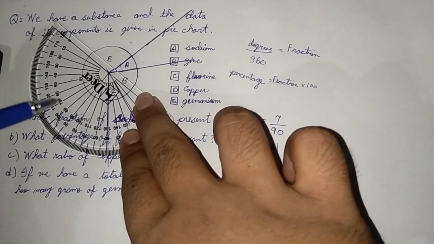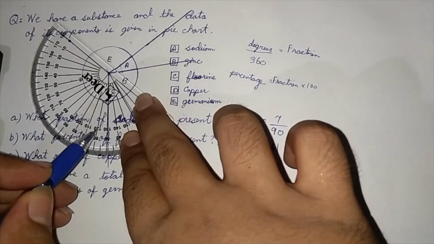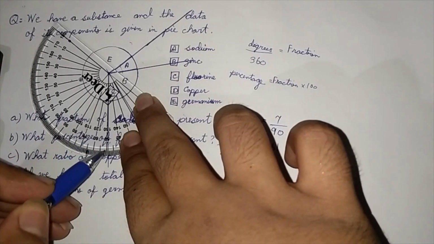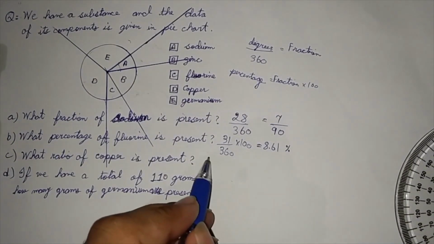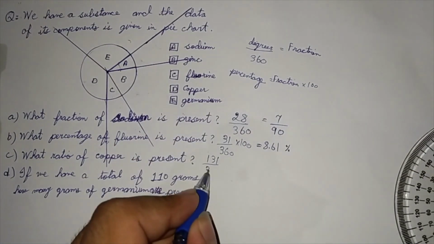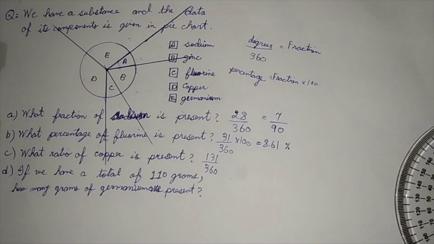Here you can see 90, here we have 130, 120, 130, and here we have one more degree, 131 degrees. I will divide this by 360. So 131 divided by 360, we will get our fraction.